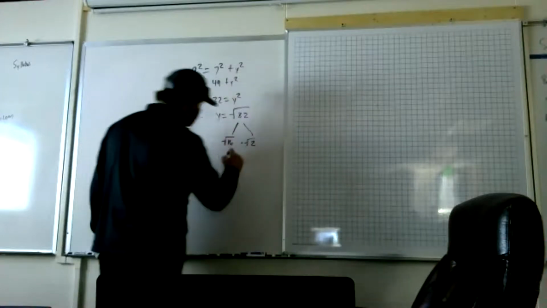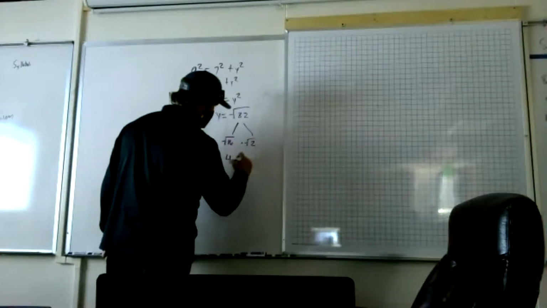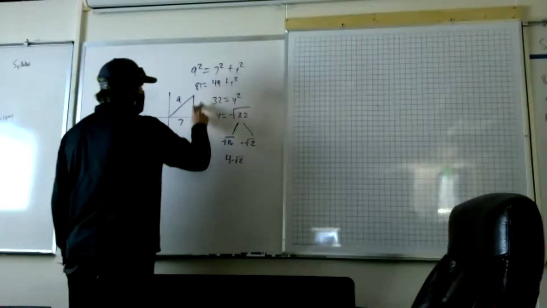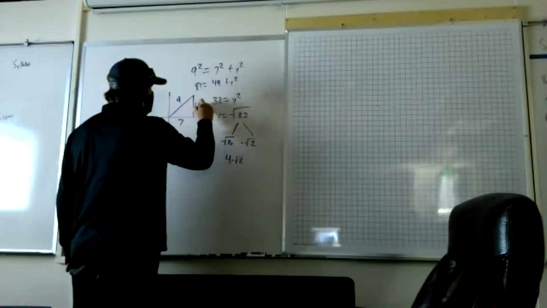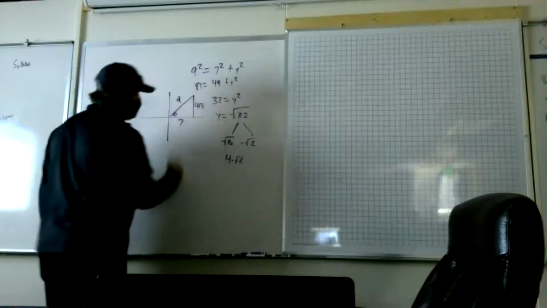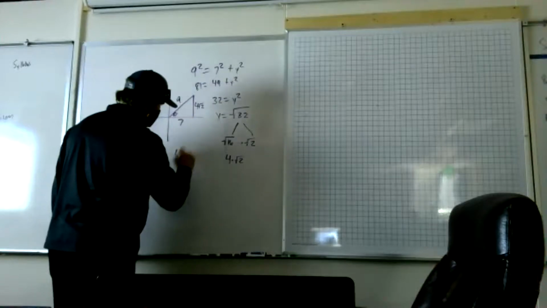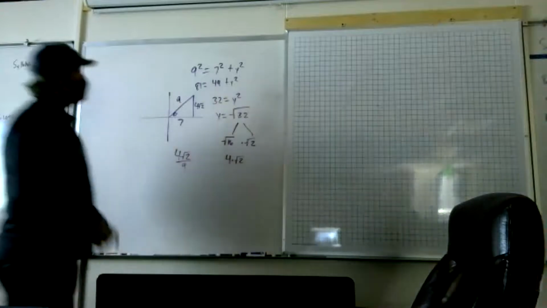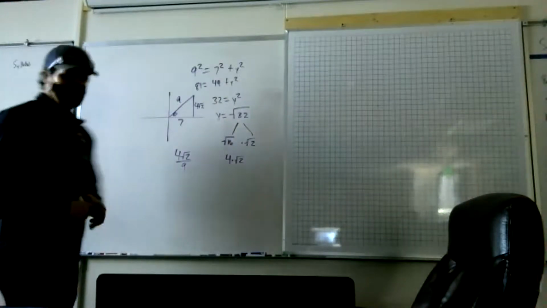Square root of 16 is 4. Square root of 2 can't be simplified, so that's 4 square root of 2. That is our value of y. Take sine of theta, y over r, is 4 square root of 2 over 9. Done and done.